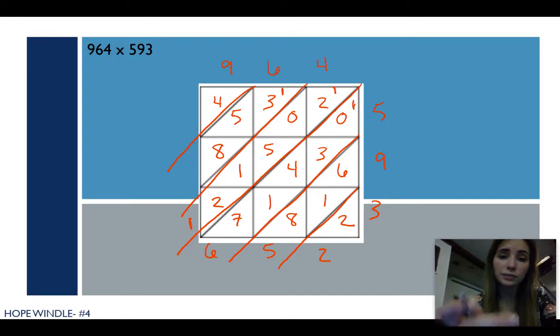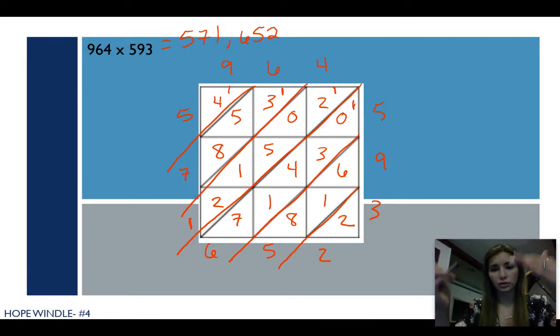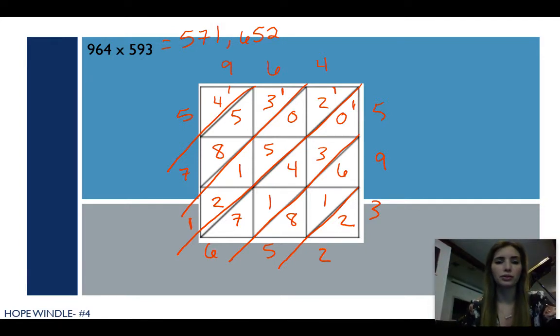So 9, plus 8, 17. And our answer is going to be 571,652. And I bet if we were to put that in a calculator or do it the long way we've learned, that we would come with the same answer.